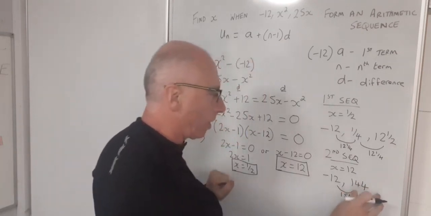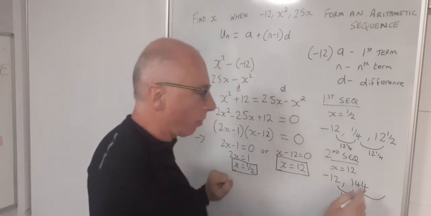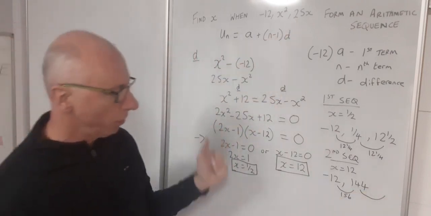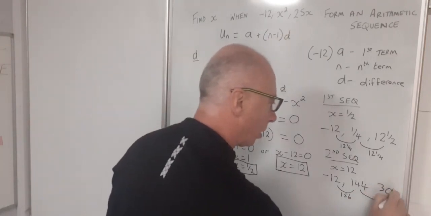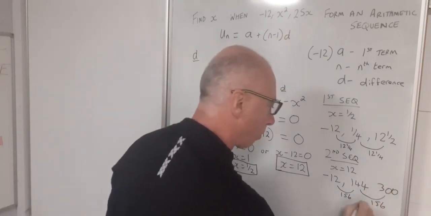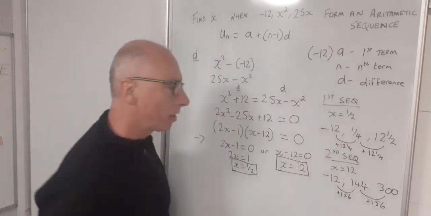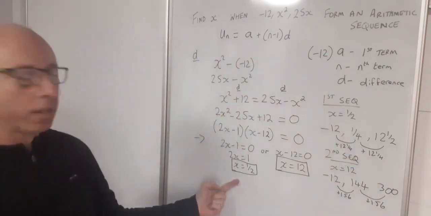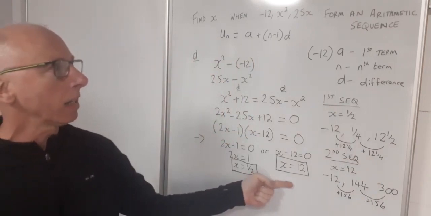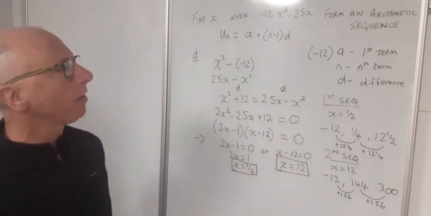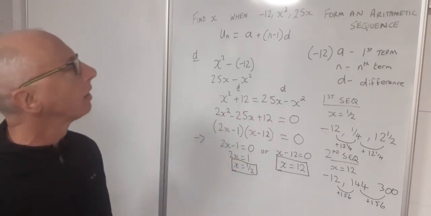So hopefully this one will go to 300. Let's see what happens. 25 times 12 is 300. So therefore my difference here is also 156. I'll write those as pluses because they're increasing sequences. So that's my answer: x equals a half and x equals 12. Those give the first three terms of an arithmetic sequence.